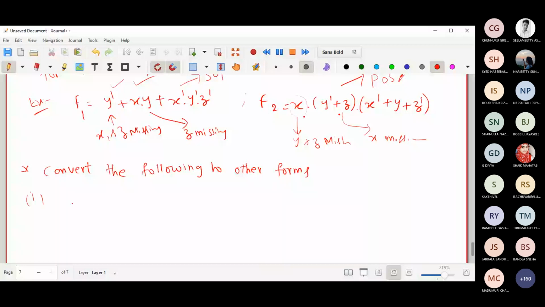F of x, y, z equals summation of 1, 3, 5. Second one, f of x, y, z equals 0, 3, 6, 1.